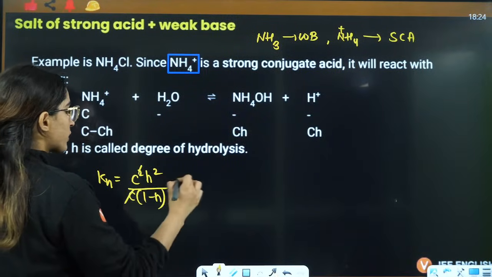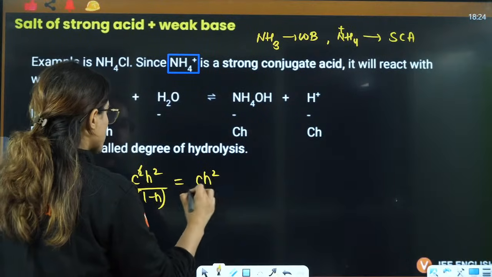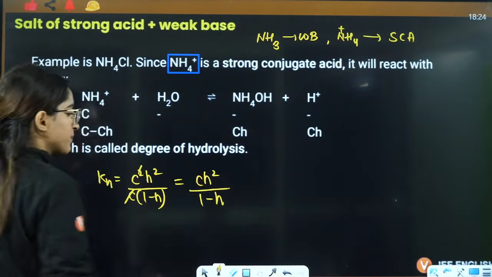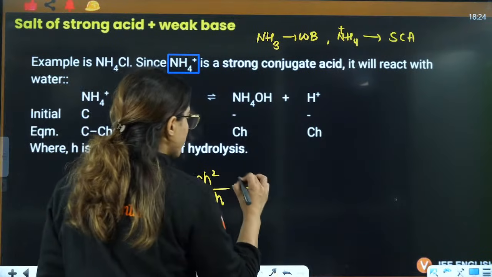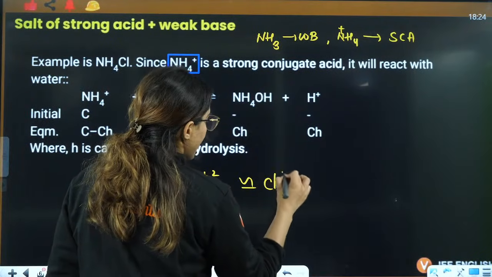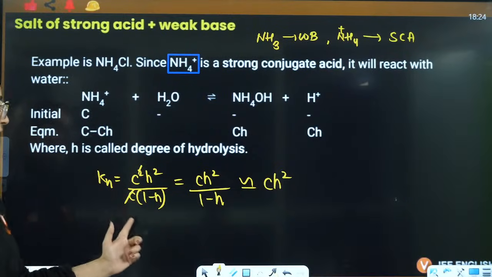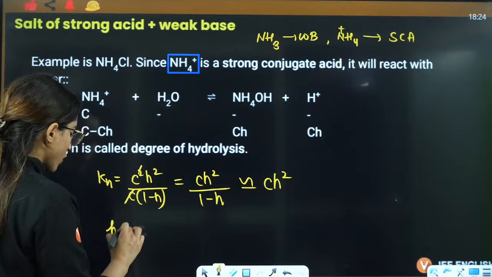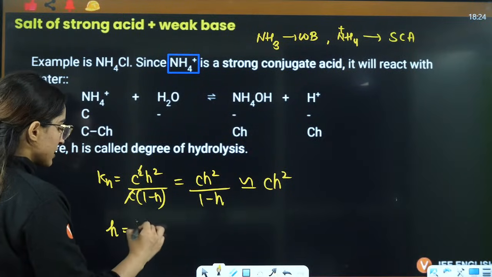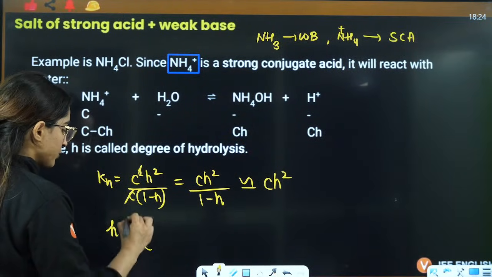So C will cancel. It is going to be Ch square over 1 minus h. If h is very, very small, then it is approximately equal to Ch square. So Kh is equal to Ch square. From that, you can calculate the degree of hydrolysis. That is going to be the square root of Kh by C.